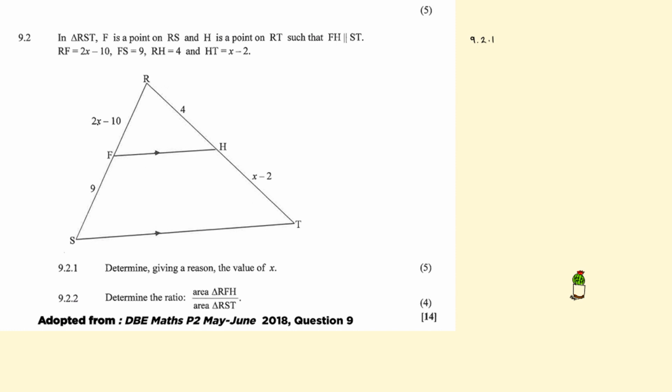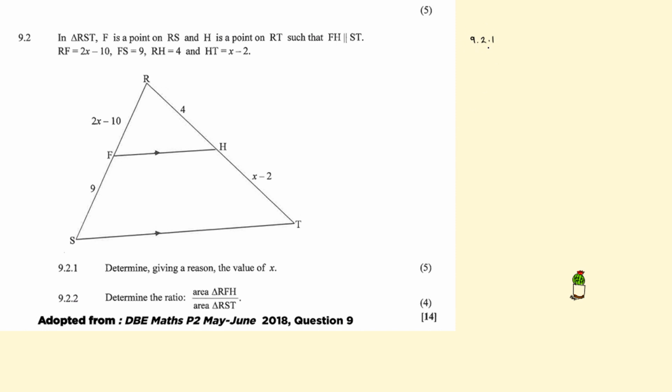Okay, so we can see quite clearly that x is part of the lengths of this triangle, and because we've already proven the theorem, you don't have to prove it again, right? You can go straight to the conclusion of the theorem that states that if you have a line drawn parallel to one side of the triangle, this line, FH, divides the other two sides of this triangle in the same proportion.